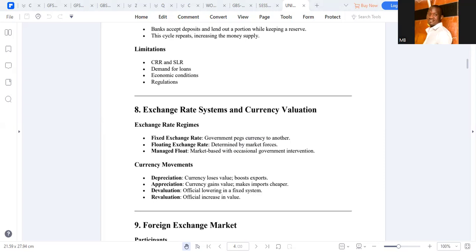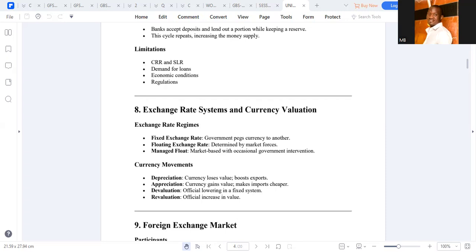Appreciation is a rise in value in the floating system. Here it affects imports, which will be cheaper, and may reduce export competitiveness. Devaluation is an official reduction in the currency's value in a fixed exchange rate. Revaluation is an official increase in the value of the currency in a fixed system.